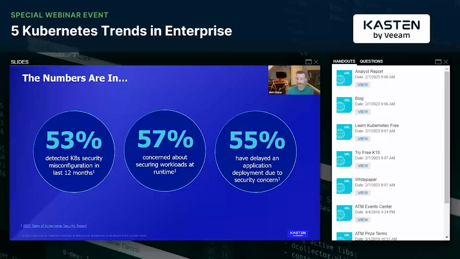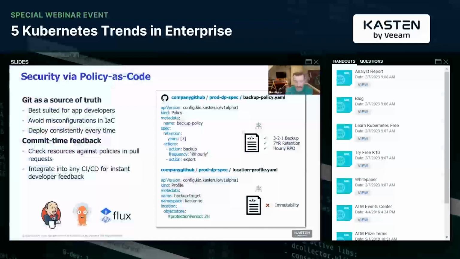It has to be through policy, right? It can't be something that's looked at on an individual basis by individual people. It's done through something that we call policy as code. And just to pull this back to a Kasten specific example, most people probably don't think of data protection as part of their overall security posture.